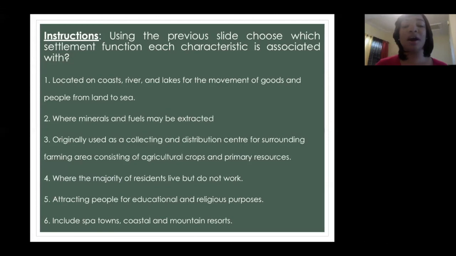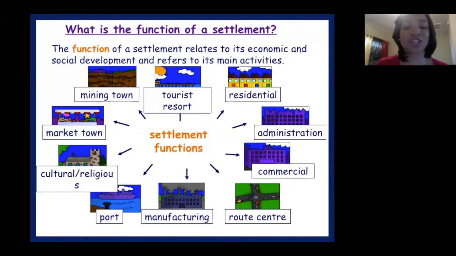Number one, located on coasts, rivers, and lakes for the movement of goods and people from land to sea. Which one of our functions do you think that will fall under?